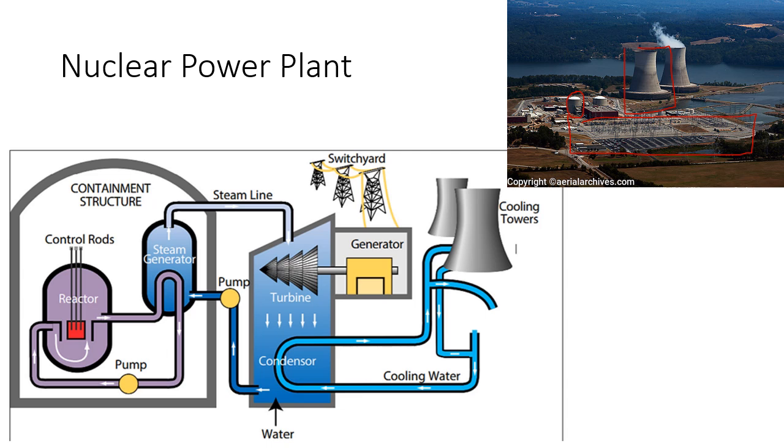But in general, on the diagram, inside of this containment structure, we have the reactor, or the reactor core, and that is going to contain the fuel rods down there, which are red in this diagram, the control rods being black in this diagram, and then in this purpley area, the water that is being pumped through to cool this reaction, circulating around the outside and keeping everything a little bit colder than it otherwise would be.